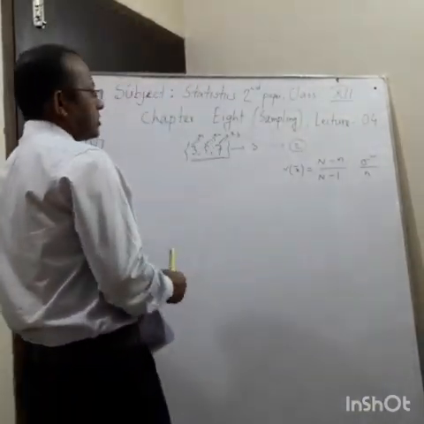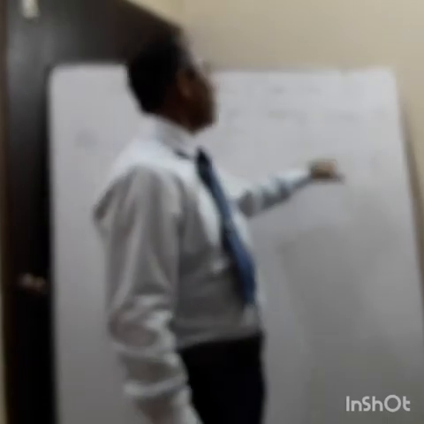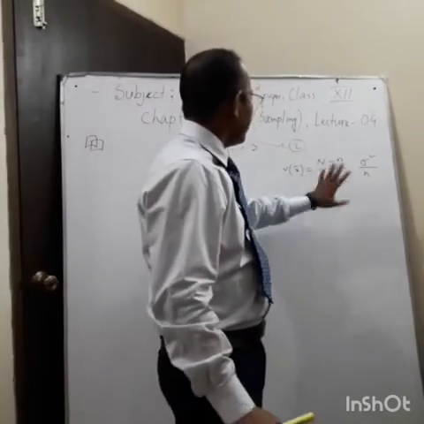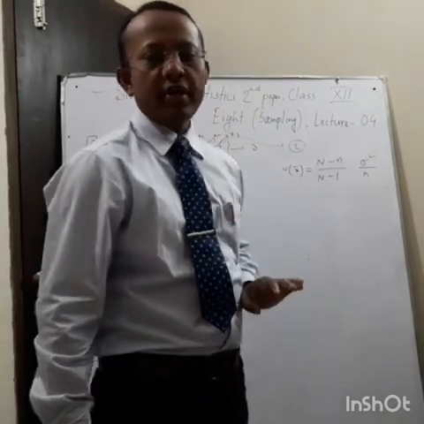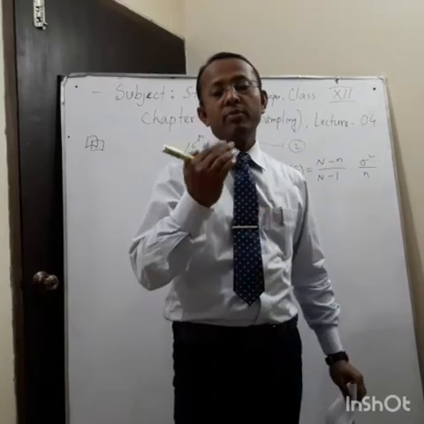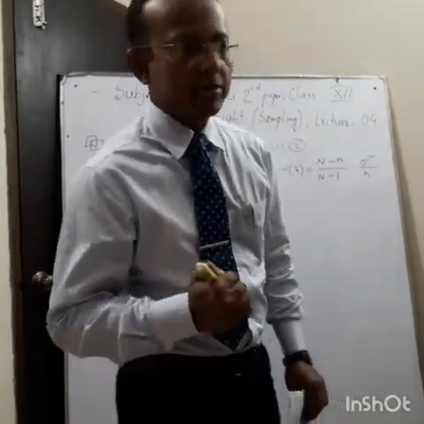Now just replacing the values of capital N, small n, sigma square in this formula, we get the variance of sample mean when the samples are collected without replacement.